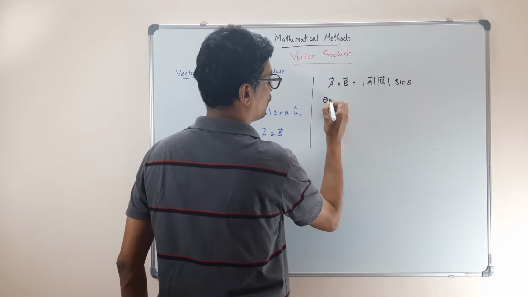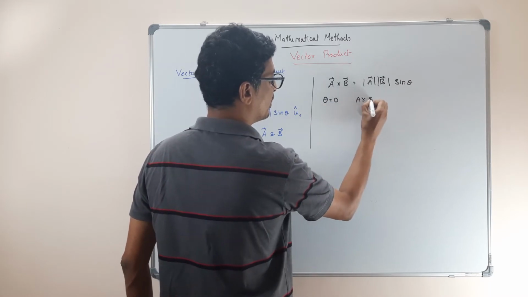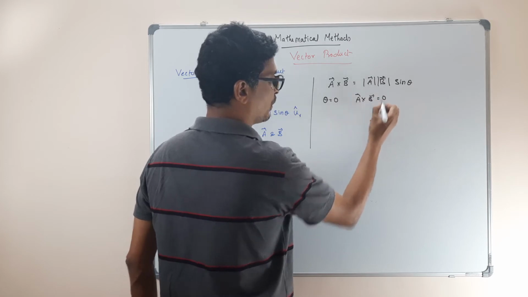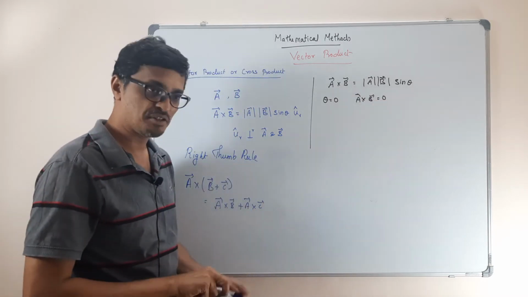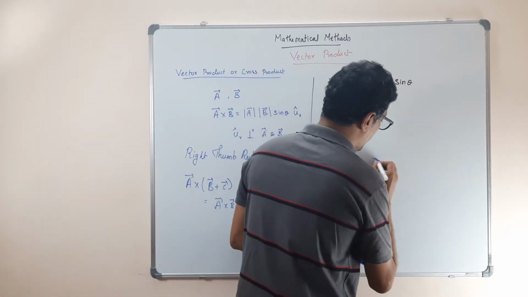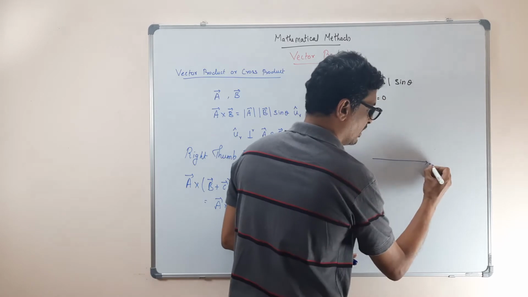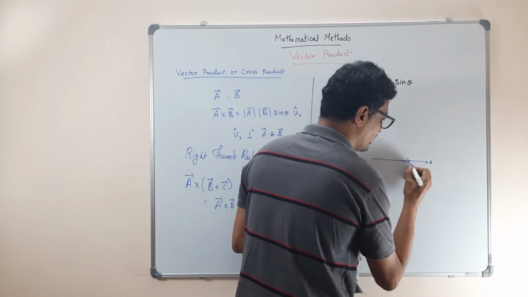So when theta equals 0, what happens to A cross B? It is 0, correct. Why? Theta equal to 0 means your A vector and the B vector are in the same direction.